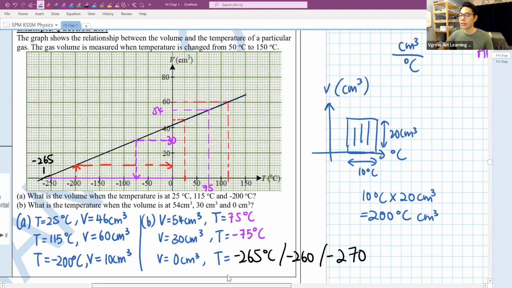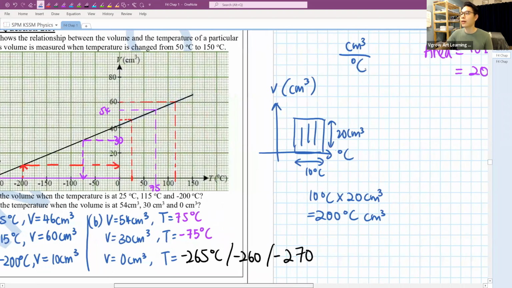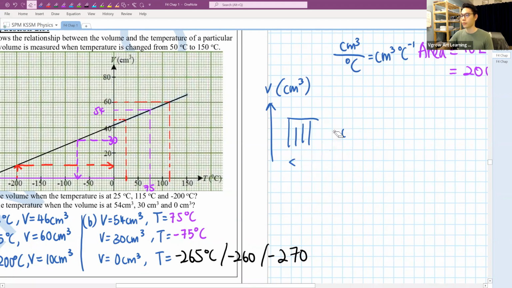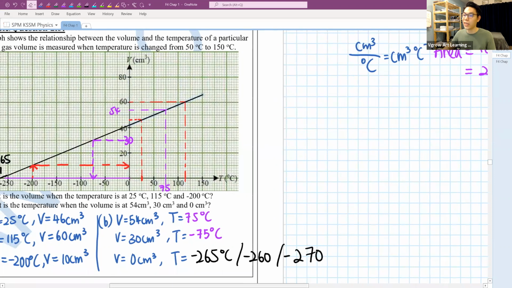I'll get cm cube over degrees Celsius, which is cm cube per degree Celsius. Okay, sorry, this graph is a bit small, but the point here is to try to read the values from the graph.